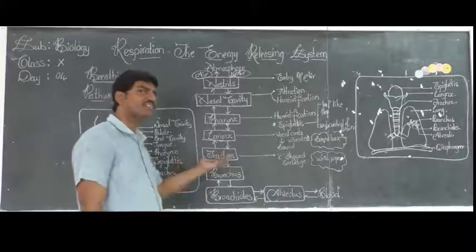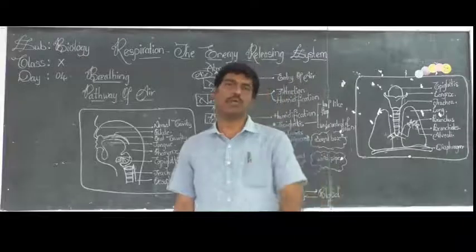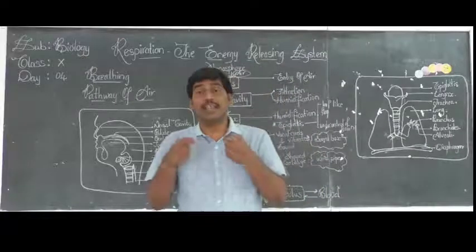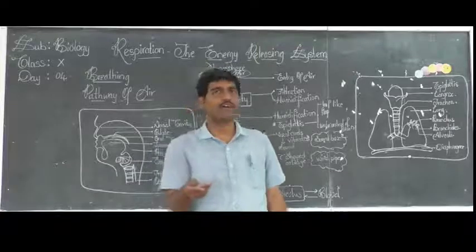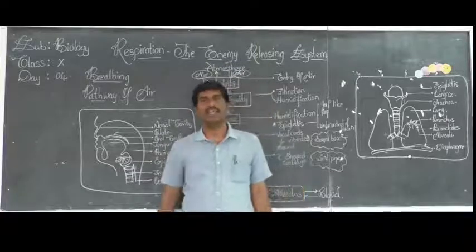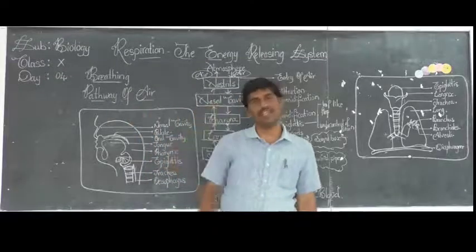Why? What is the necessity to get into our body temperature? The inner linings of our respiratory tract are very soft and delicate. They can be damaged because of temperature variations.